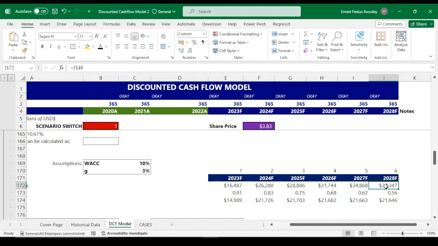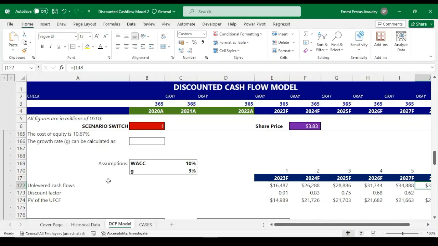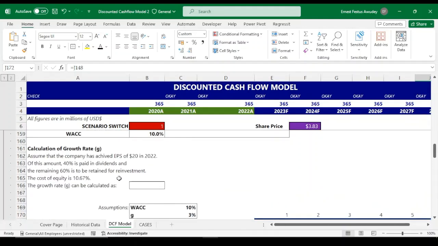The growth rate tells us how the future cash flows are going to grow beyond the forecast period, which is year 6 here. We can calculate it using two methods, but I'm going to deal with one of them, which is the Gordon growth model.